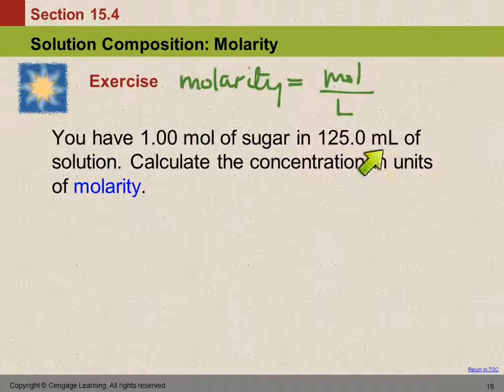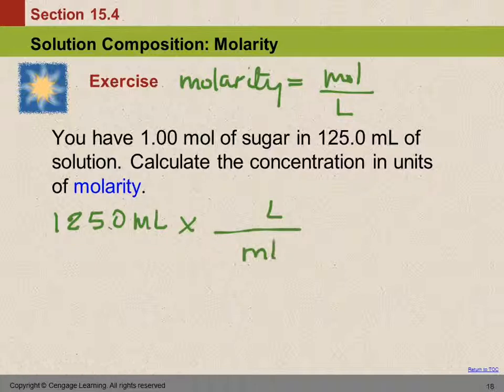They will sometimes, though, give you milliliters instead of liters. And it's important to remember this is moles per liter. So here we have moles of sugar, but we've got the volume in milliliters, so we need to convert that. So let's convert 125.0 milliliters. We need to change that into liters, which means we multiply by liters and divide by milliliters.